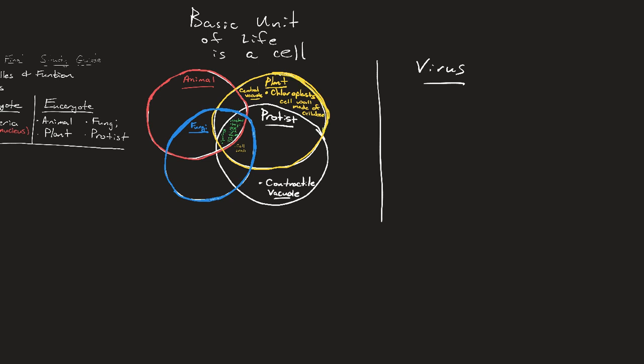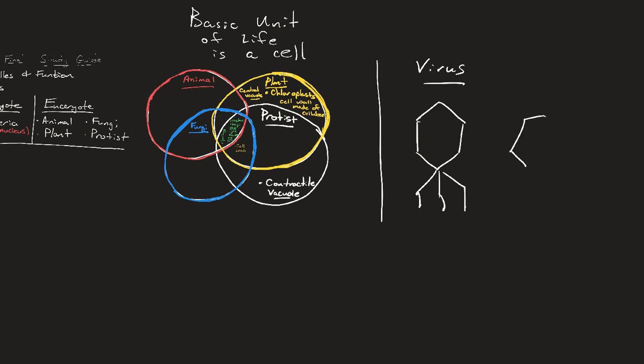So the virus is not a cell. A virus like COVID or like any other virus is made of some kind of protein coat. It's made of a protein. They have all kinds of different shapes.